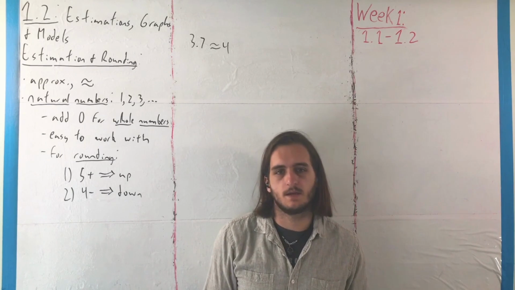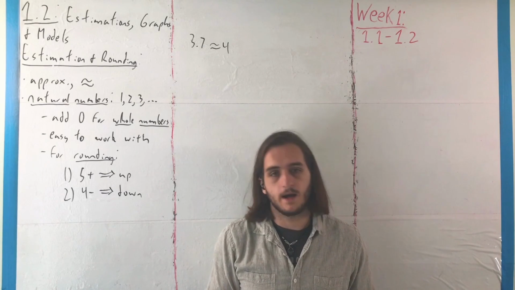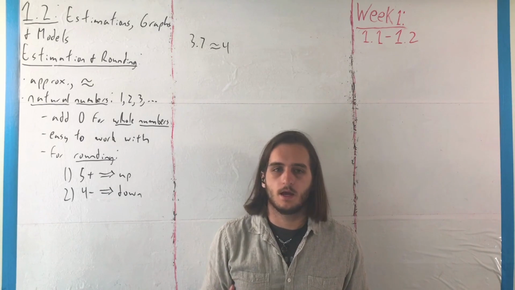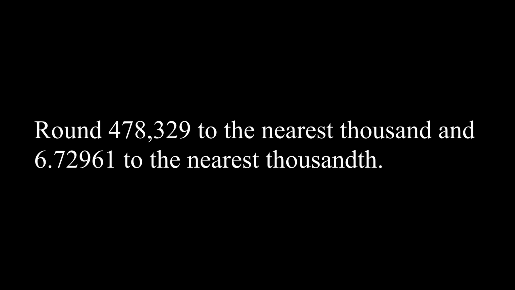So let's get a quick example here in terms of understanding both why we would want to do this, as well as how we could do this. For this example, we want to round 478,329 to the nearest thousand and 6.72961 to the nearest thousandth.